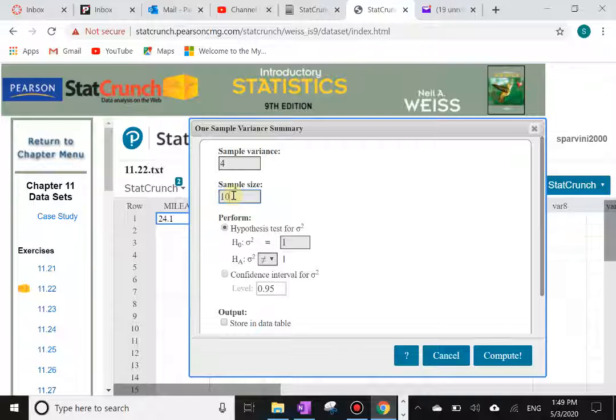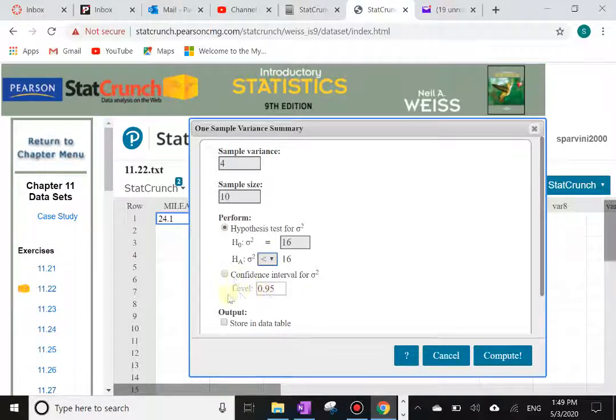And that's it. Now, the hypothesis test, here's where you got to be careful again. It's asking you, what is the hypothesized variance? Remember, in the exercise, it was 4. I need to square that. Type in 16. And we were doing a left tail test, less than.